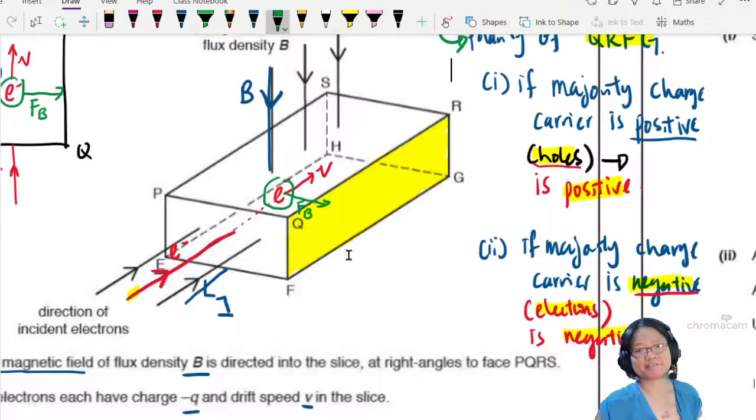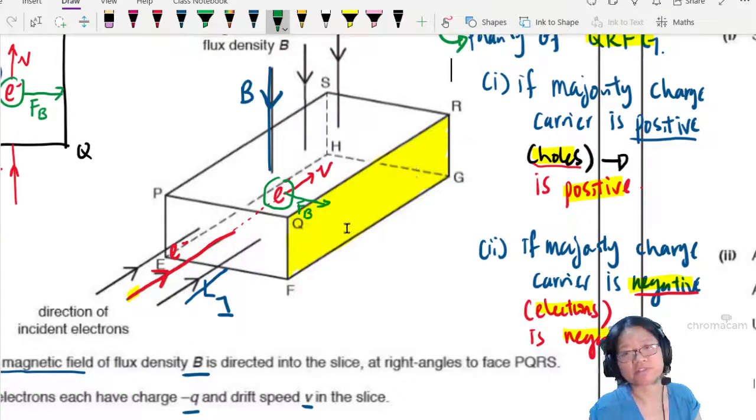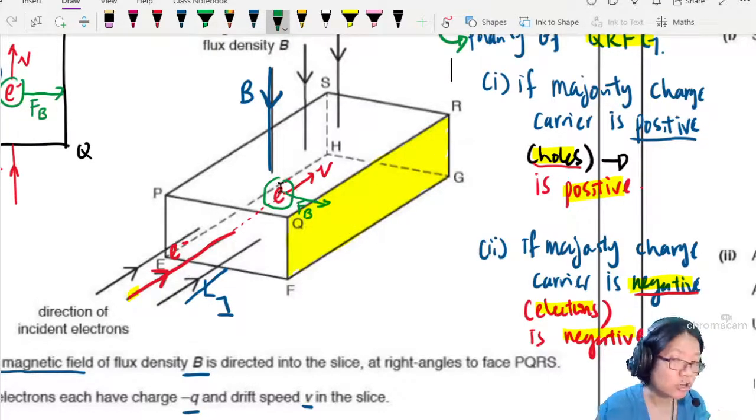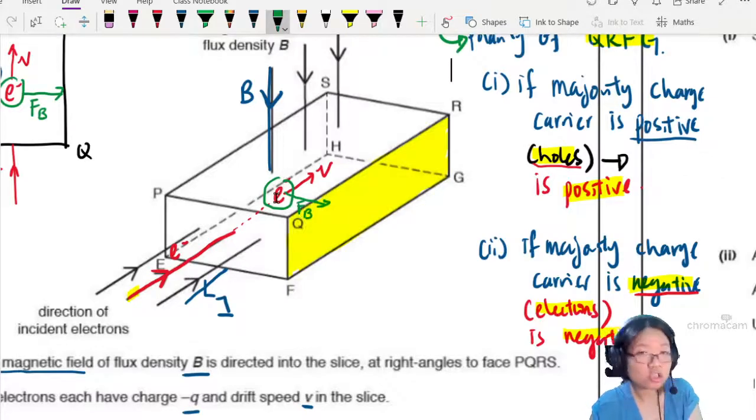The direction of FB doesn't change because the direction of current doesn't change. The only difference here is who is carrying the current. Is it the positive charge hole? Then most of the holes will be swept here. This yellow side becomes positive. Is it mostly electron, the negative charge? Then the electrons are the ones that will experience this magnetic force and go to this phase. It depends on the majority.